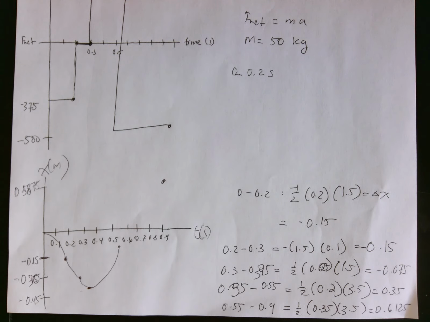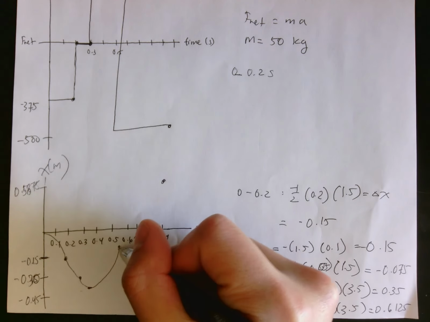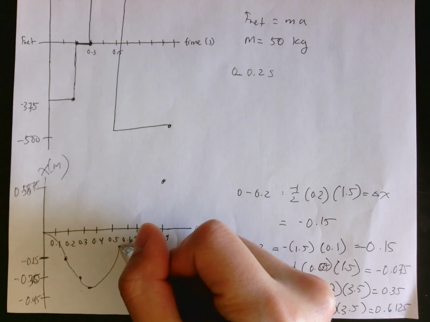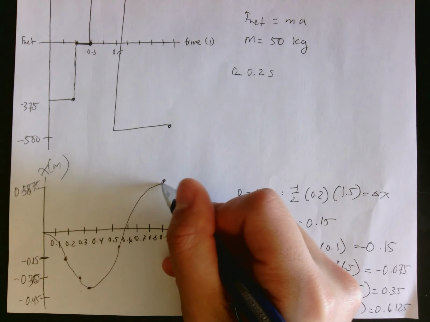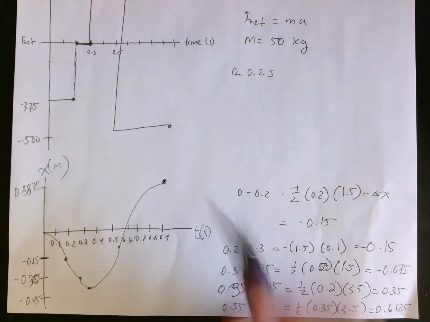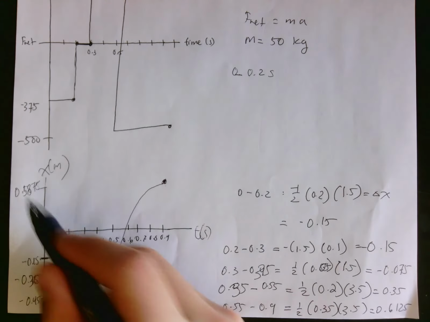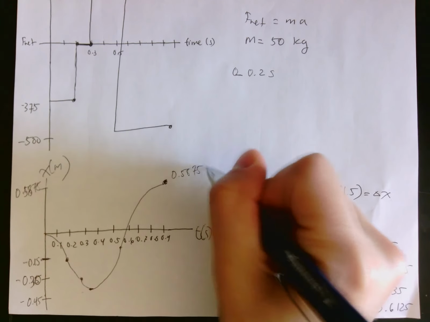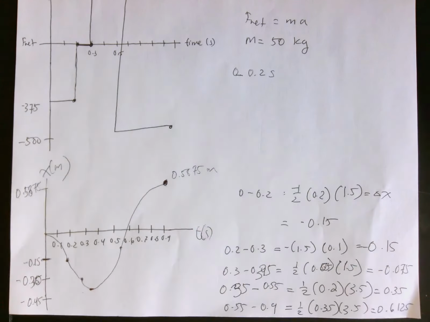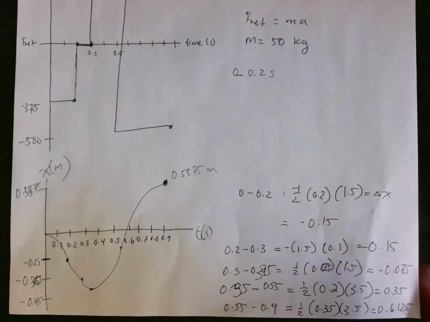And then finally, between 0.55 to 0.9 seconds, she goes 0.6125 meters, and her velocity approaches 0 until 0.9, so the slope also becomes less steep for the position graph, and it ends at 0.5875 meters. So this is 0.5875 meters at 0.9 seconds. So there we have her position versus time graph.